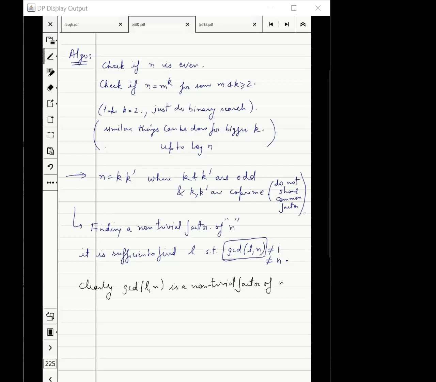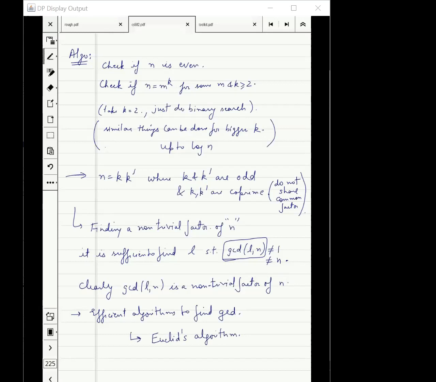And we have efficient algorithms to find GCD. Can you give me the name of one such algorithm? Euclid. Almost all number theoretic algorithms require a GCD algorithm.